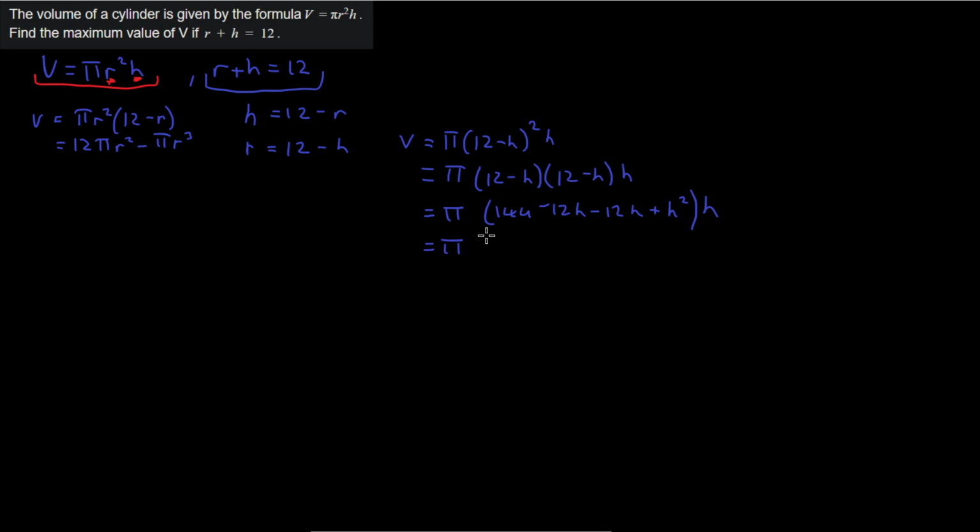That's going to be pi, open bracket. Let's put this in order. H squared minus 24h, just gathering up those two negative 12h's, plus 144, times h, and we can fully expand the brackets. We'll have pi h cubed minus 24 pi h squared plus 144 pi h.